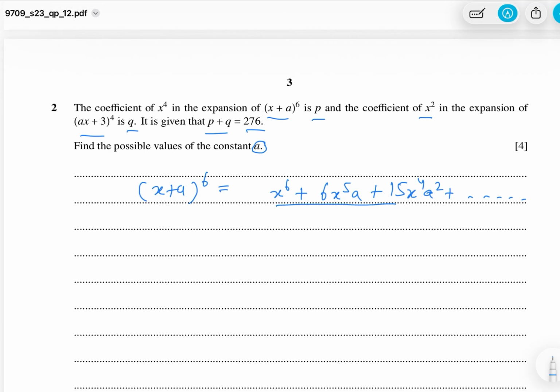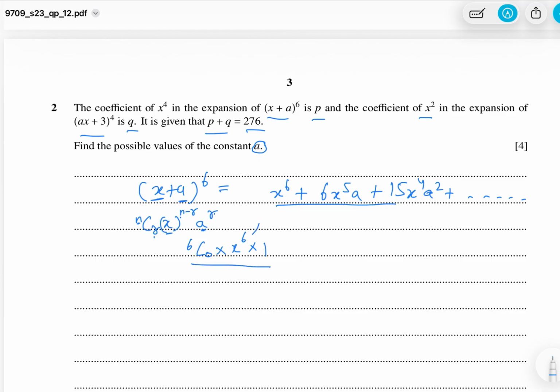We have nCr, then x to the power n minus r, and a to the power r. So for the first term we will have 6C0 times x to the power 6 minus 0, which is 6, times a to the power 0, that is 1.